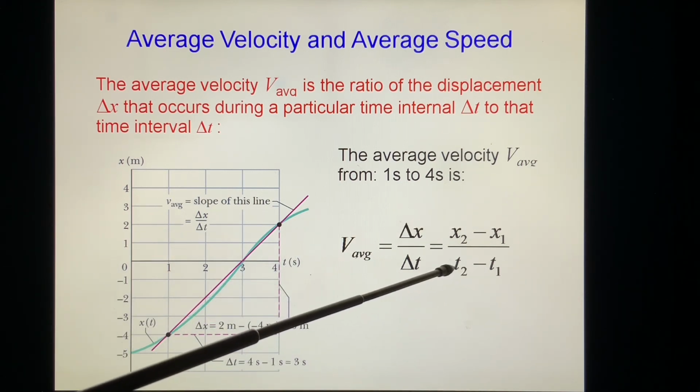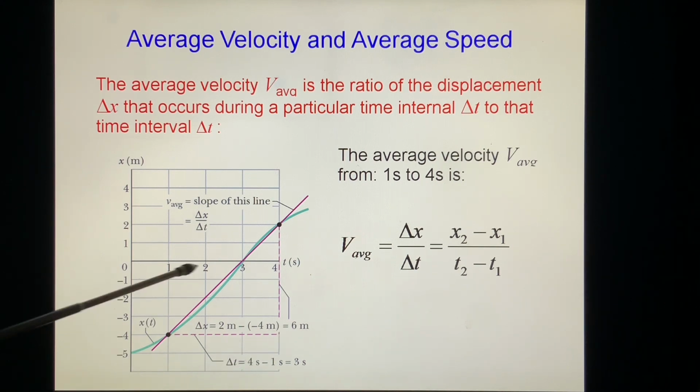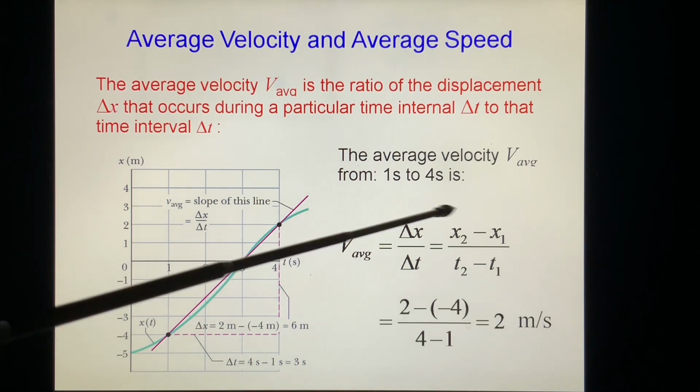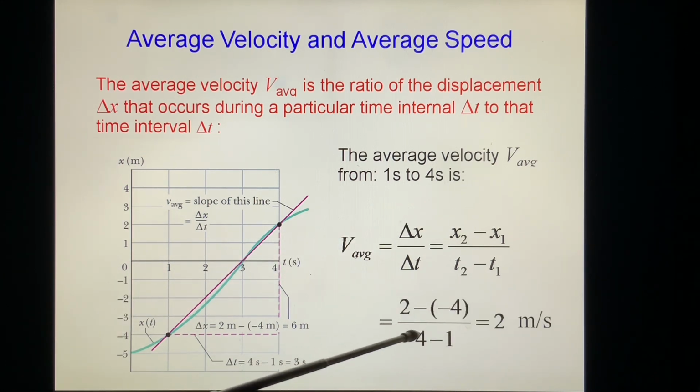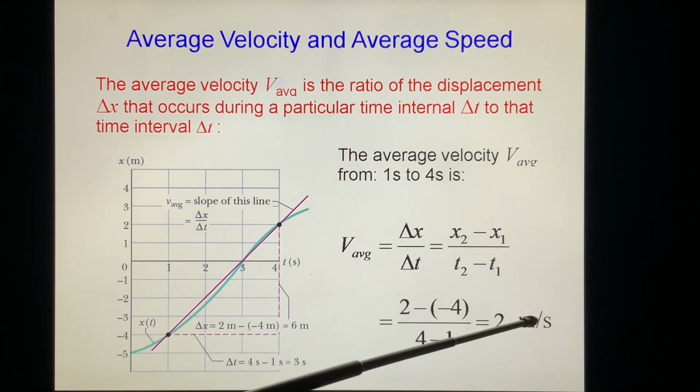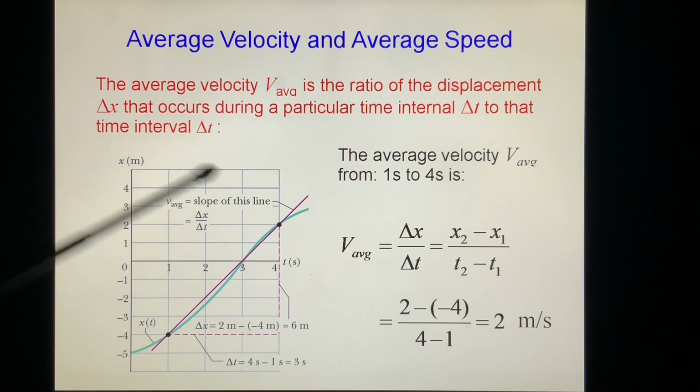When t equals 4 seconds, we go to here, x2 is 2. So we put them in: x1 is minus 4, x2 is 2, and we get 2 meters per second. That is the average velocity during 1 second to 4 seconds.